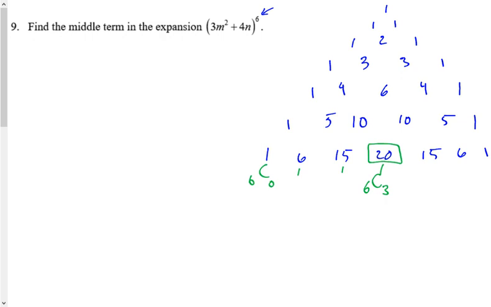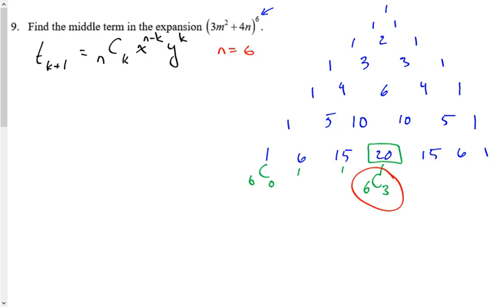So if I think of my formula, t sub k plus 1 is equal to n choose k, x to the exponent n minus k, y to the exponent k. So this is on your formula sheet, so you don't have to memorize it. So then since I know that that's the term that I want, that reminds me that my n value is 6, which I already knew from that exponent.